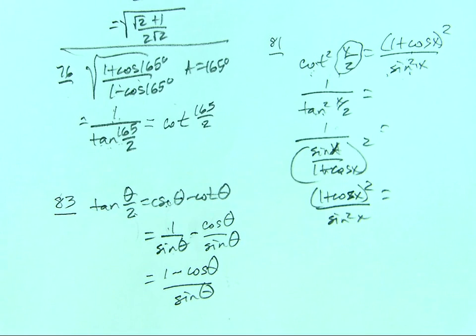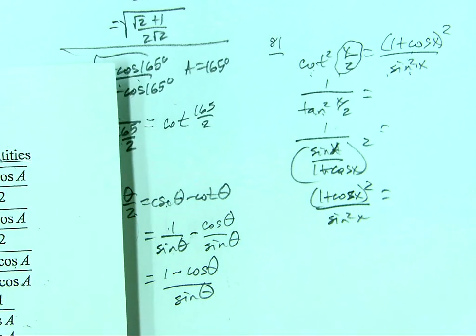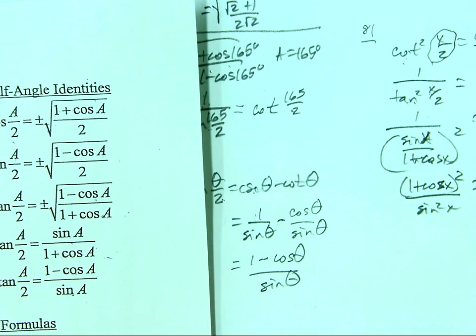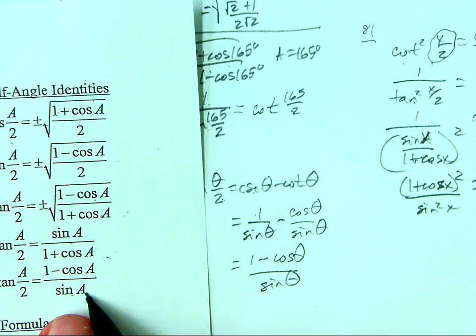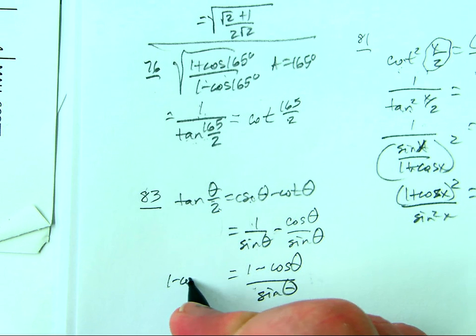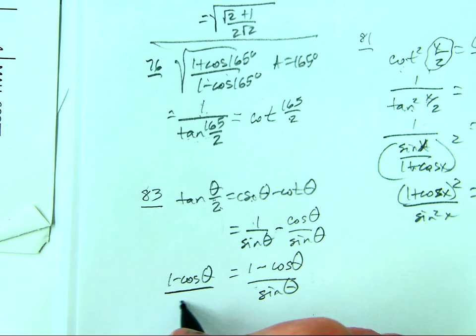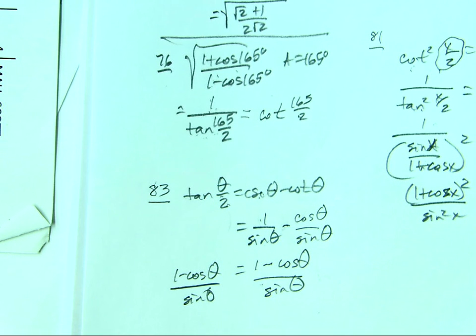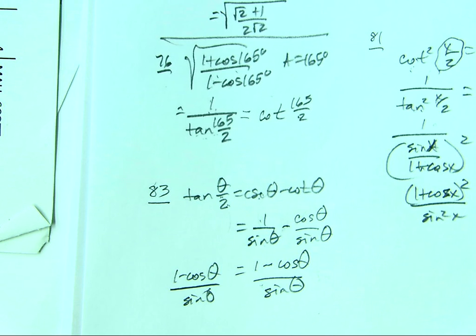Now let's look at our identity sheet. Which one do we want to pick? Which one looks like 1 minus cosine over sine? That third one looks exactly right. So this tangent of theta over 2, we can replace with 1 minus cosine theta over sine theta. And our 2 sides match and we're verified. So those are some problems we worked in class on 5.6.